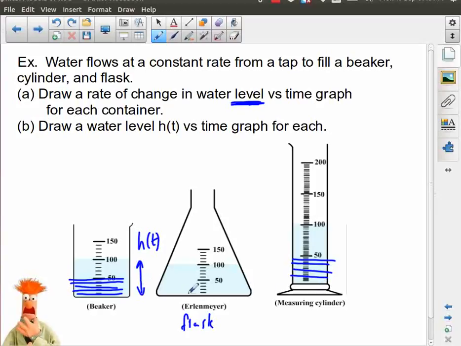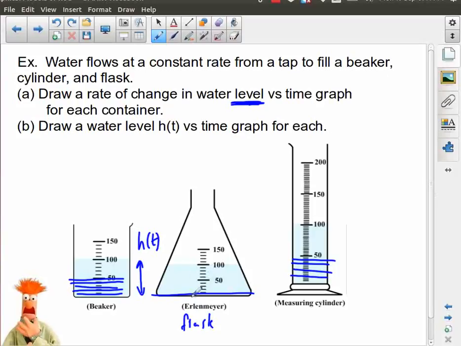And then finally, the flask. The flask is quite wide at the bottom. So when you put in your first measurement, it's actually not going to make much of an impact on the water level. But the more you fill it, the narrower the Erlenmeyer flask is, so then it's actually going to fill up faster and faster and faster.